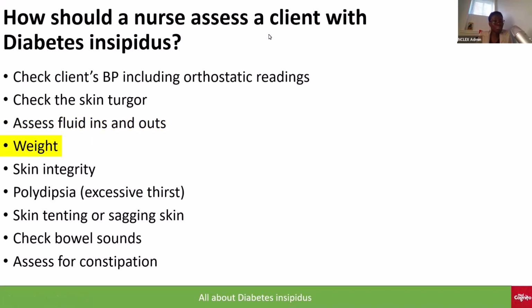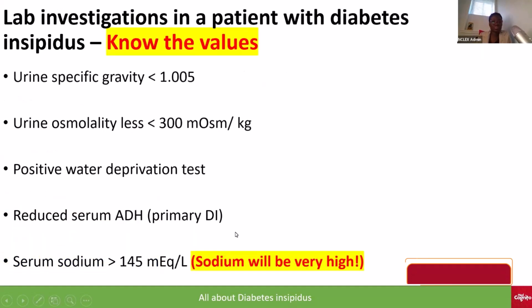It is very important that we check the client's weight. And then the skin integrity. Polydipsia. Is the client excessively thirsty? Because the client is giving out too much urine, the client will surely be very thirsty. Look for skin tenting, check bowel sounds, and assess for constipation.